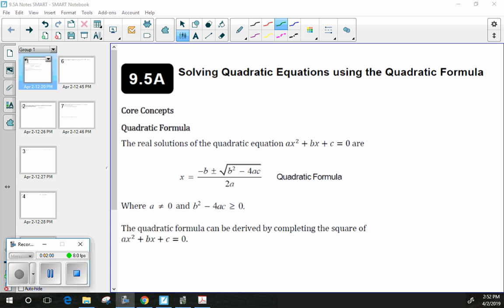Factoring only works if it is factorable. Square root method only works if b is 0 or the trinomial is a perfect square, okay? So those have limitations on them. So you'll start to be able to negotiate and realize, okay, this one works for this, or it doesn't, or I really like this method, that sort of thing.